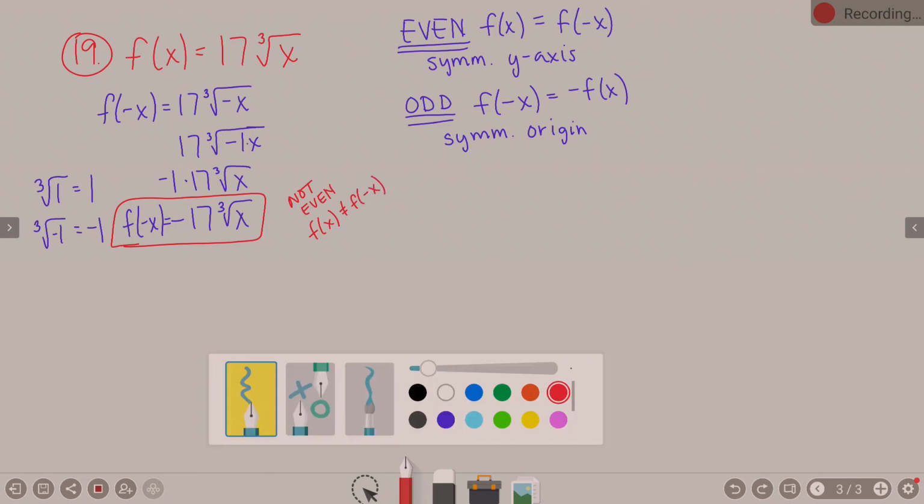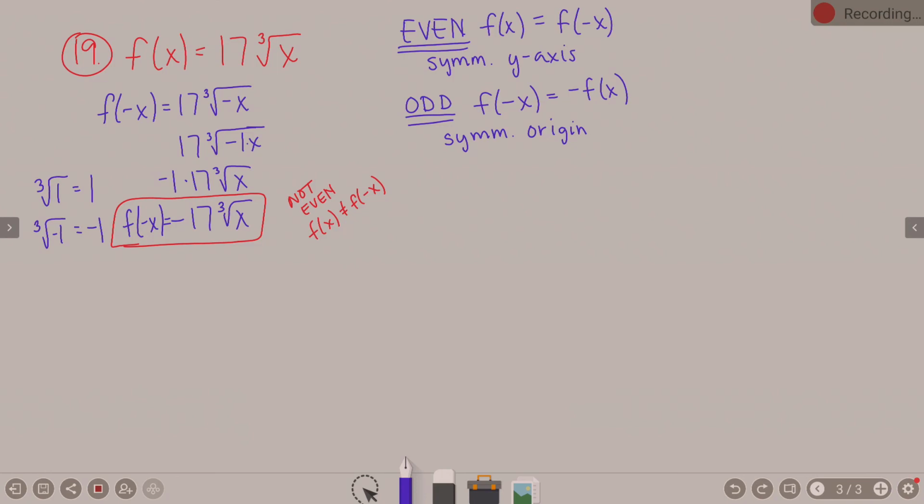Okay, so what do I find next if we're doing this algebraically? We need to find negative f of x. And what does negative f of x do? We multiply the entire function by a negative. So I'm going to multiply a negative times 17 cube root of x.